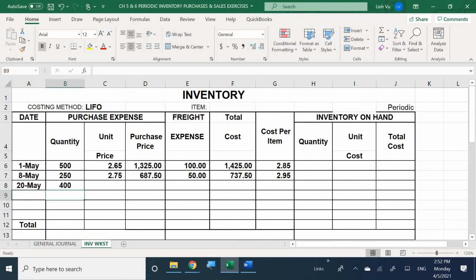We purchased 400 items at 280 with a freight of 80. So what's my total purchase price here? 1,120. Good. Plus $80 gives me a total of 1,200. All right. Making my cost per item $3. $3 even.